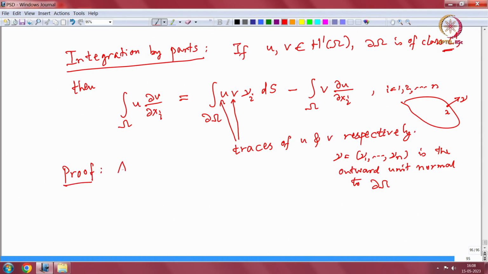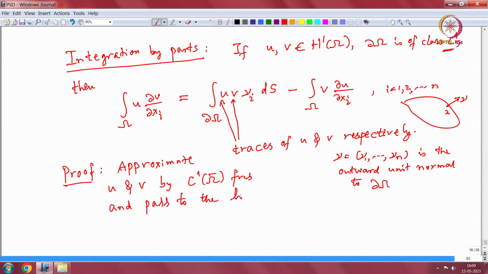Approximate u and v by C1 omega bar functions and pass to the limit. That is just one line.